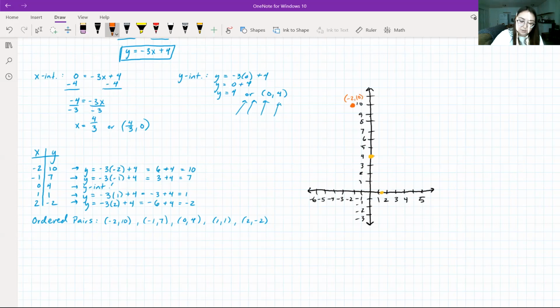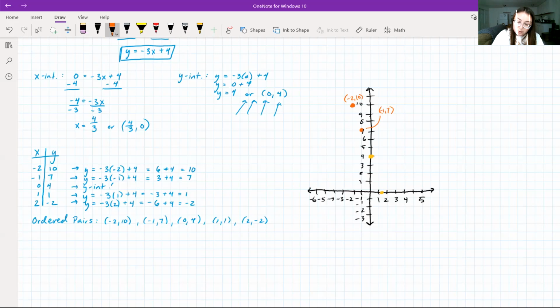And our next one is going to be -1, 7. So we're going to start at the origin. We'll go to the left 1, so -1, and then we're going to go up to 7. And it looks like 7's kind of on that spot, so it's going to get a little covered up. Sorry about that, 7. And we're going to label that, put a little line so it doesn't get too cramped. That's a -1, 7.